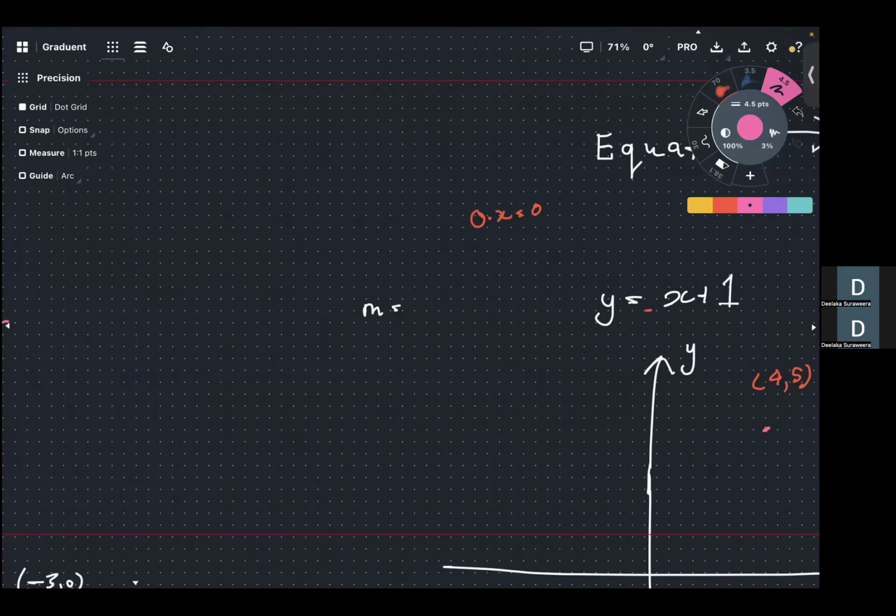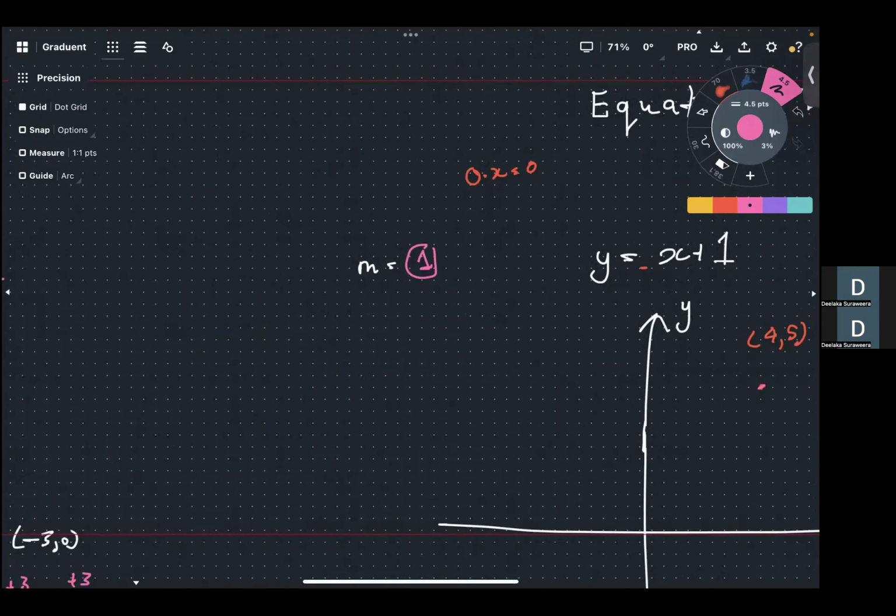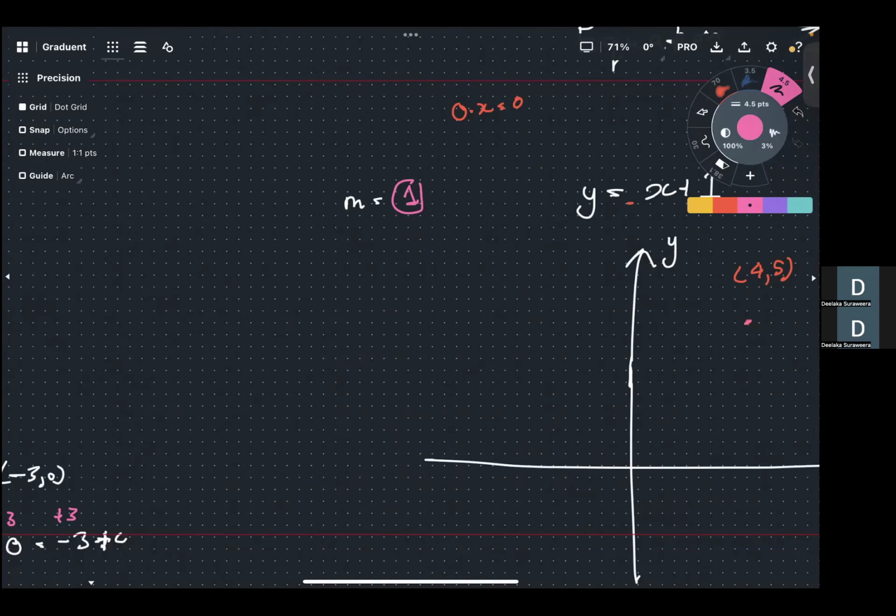So since Nicholas knows that the gradient is 1, he was thinking of different ways to get to that gradient of 1. For instance, he did change in y over change in x to be 2/2.